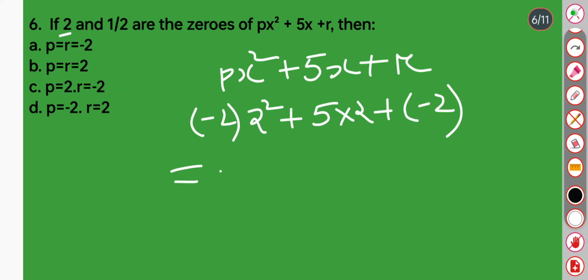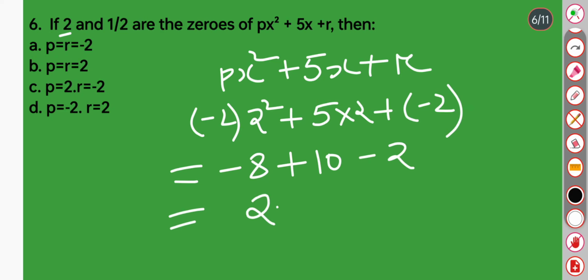So 4 minus 2 is minus 8 plus 5 times 2 is 10, minus 2. So 10 minus 8 is 2, minus 2. So we are getting 0. 2 minus 2 is 0, or not. That means option number A is satisfying. That means p and r values should be minus 2.